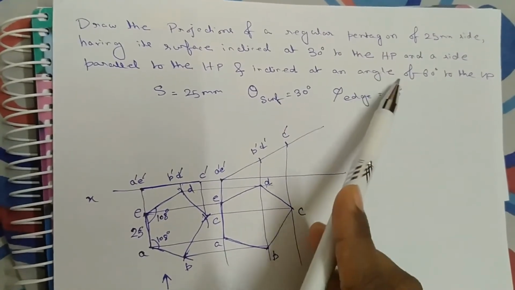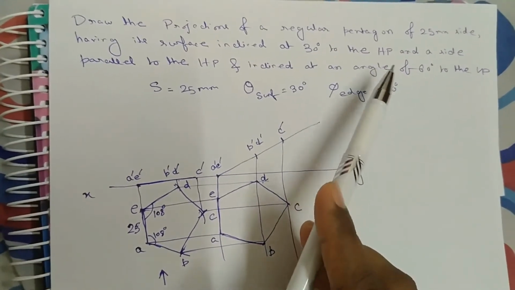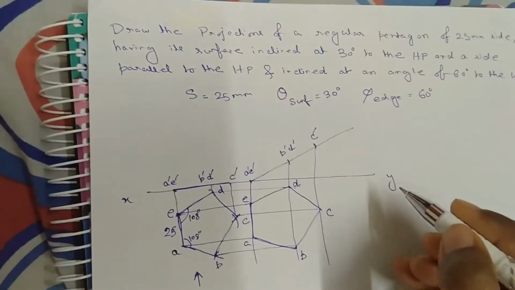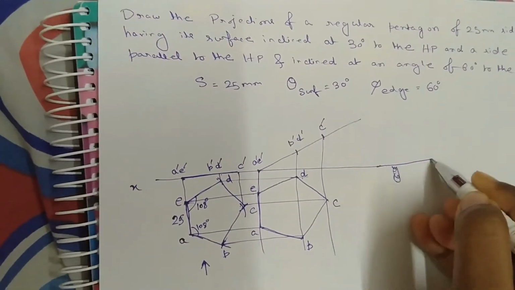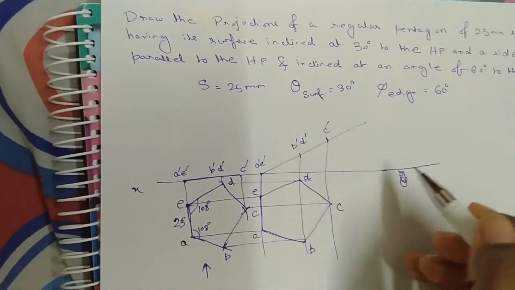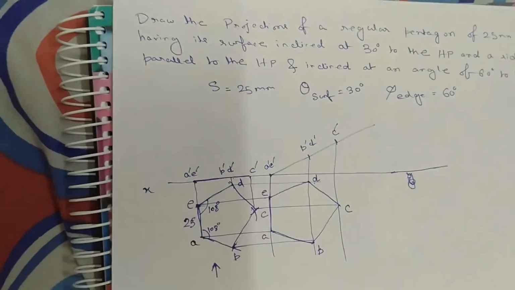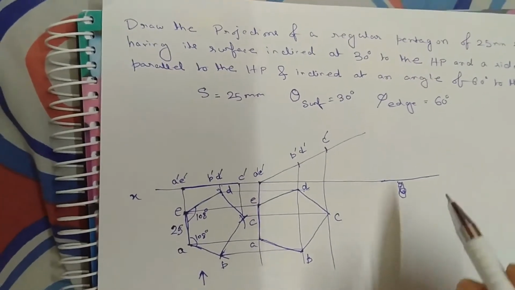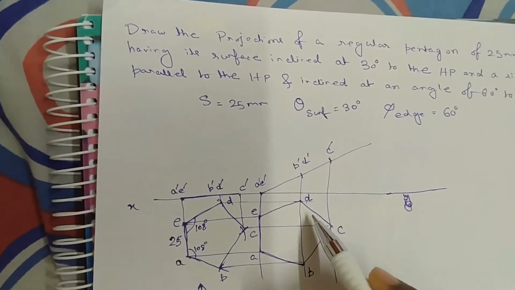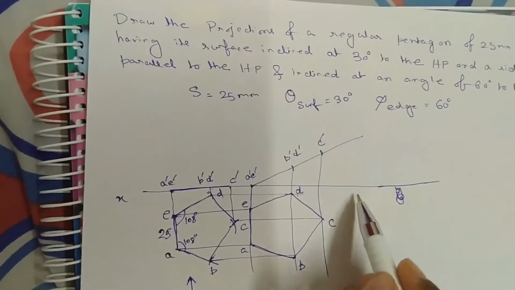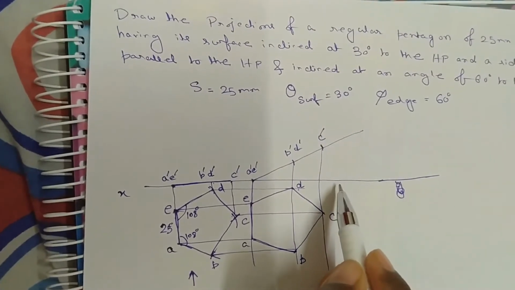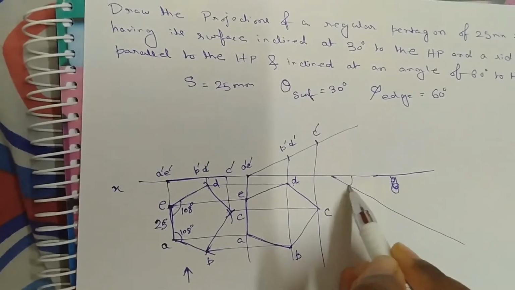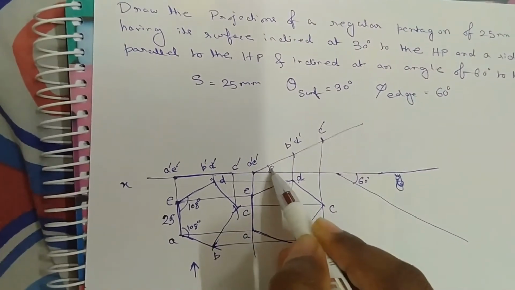After that, we are going to go on third assumption, that is edge inclination. Edge inclination is what? 60 degree. So edge inclination we are going to see on our top view. What we are going to do here, we are going to make an angle that is 60 degree. Okay, this will be 30 degree actually.